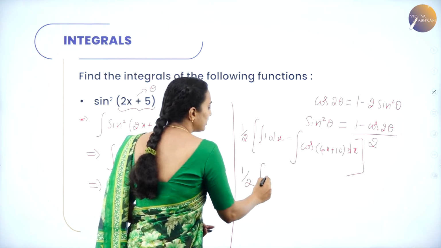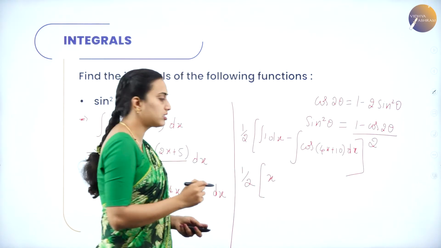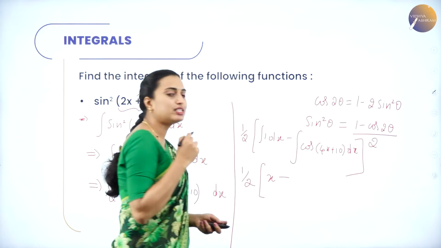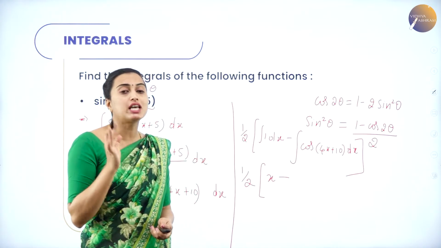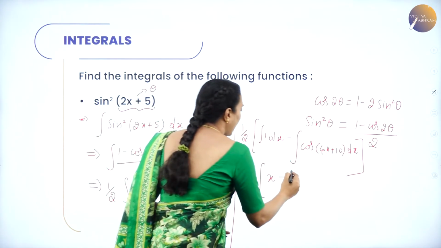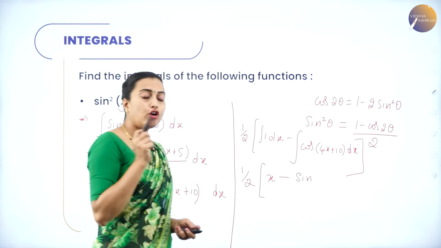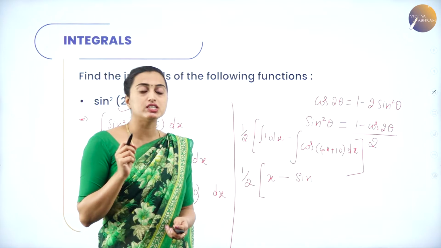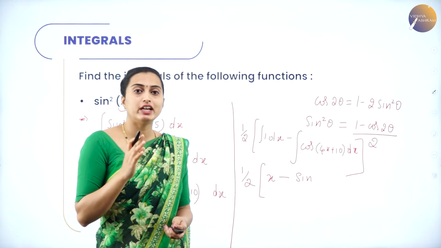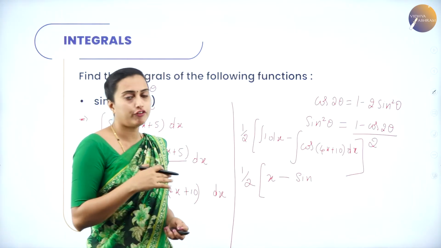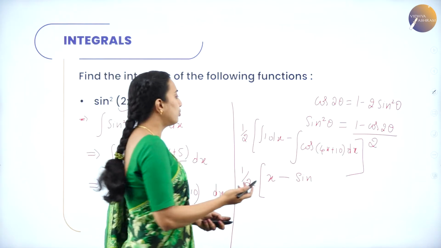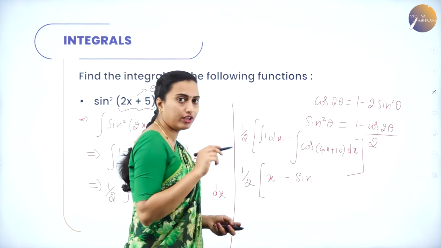So integral of 1 into dx is nothing but x, minus cos integration is nothing but sine, correct? So, integration of cos of ax plus b is sine of ax plus b divided by a. The coefficient of x is nothing but a here. So the coefficient of x is 4 here.